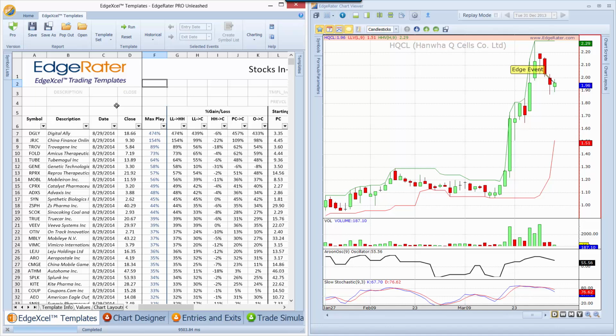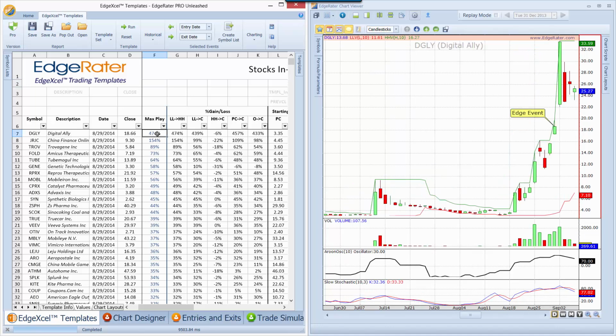Okay, so this template is now run. I ran it for September the 1st, 2014, but the last trading date for that day was August the 29th, 2014. And these are the stocks that have come to the top of the list. As we click through these, this is where the little annotation really comes in handy.